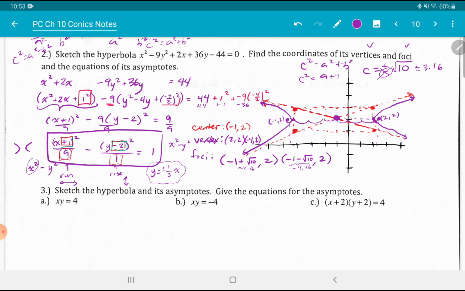All right, now one more thing that we need to find is the equations of the asymptotes. Now this is pretty straightforward actually. If 1 over 3x represents the parent function of the asymptotes, then remember what we do. We just shift it over to the left by 1 and shift it up by 2. So we can just apply that into our equation.